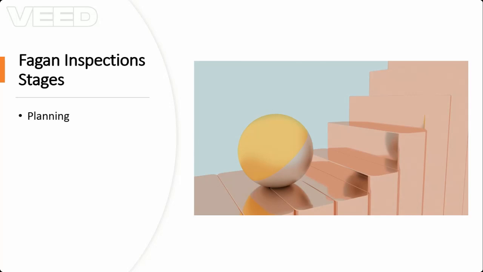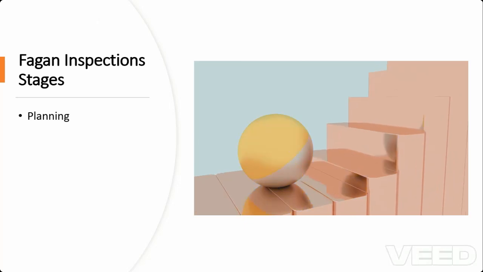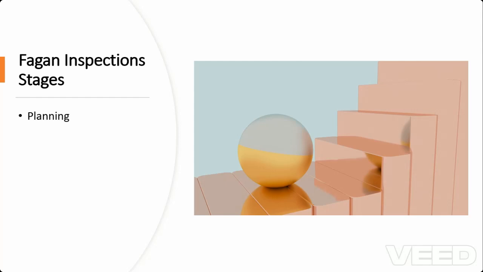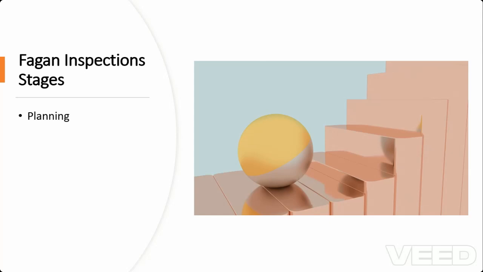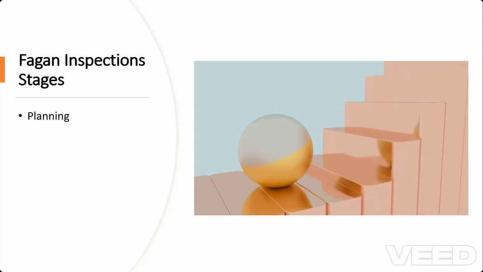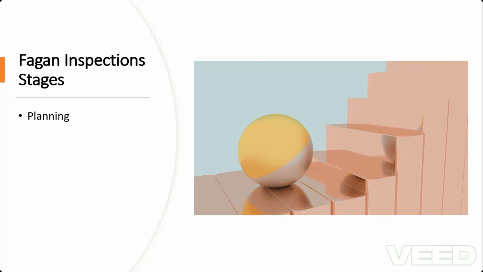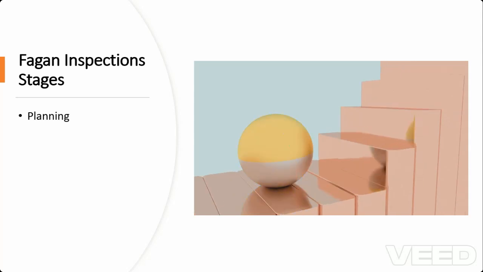We have number 1, the planning stage. Now this is where team members for the Fagan inspection are all trained on their roles and what they are expected to do. So in this particular stage of planning, a trained Fagan moderator organizes the inspection and nominates people for the roles of inspector, the reader, and the scribe.